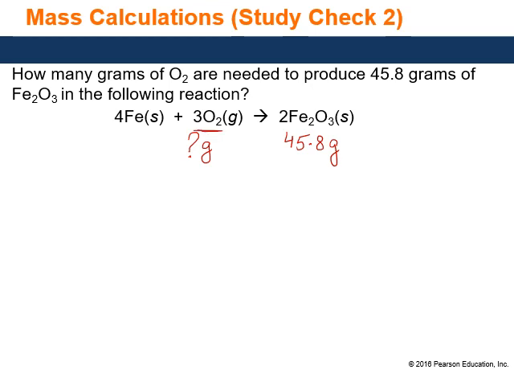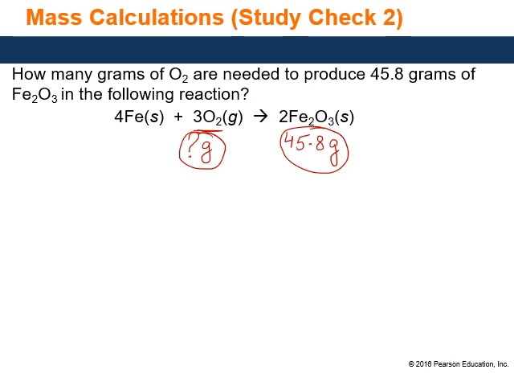Which means I need to go from the amount of substance A to the amount of substance B. The only relationship that can help me do that is mole to mole. But moles are not given to me, which means we will have to make a stop in the middle for moles. Okay, so let's try and make our map.